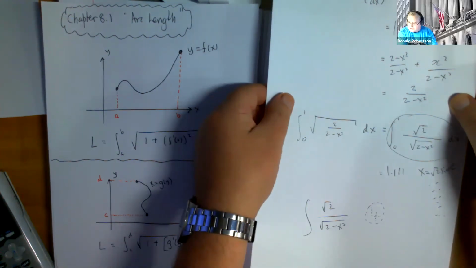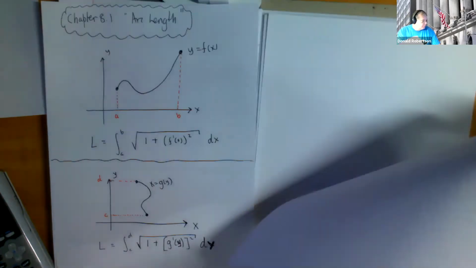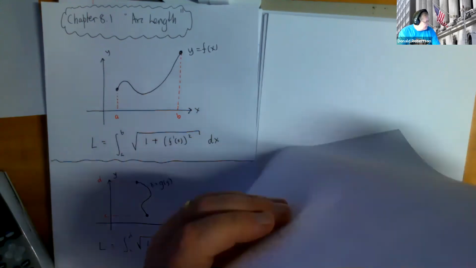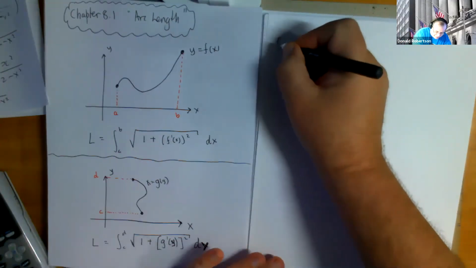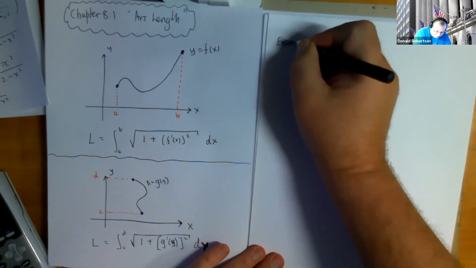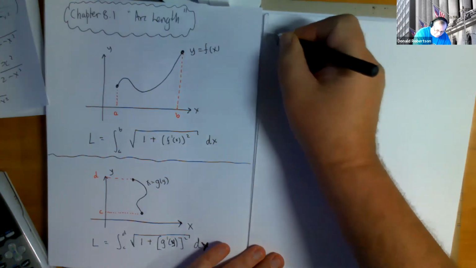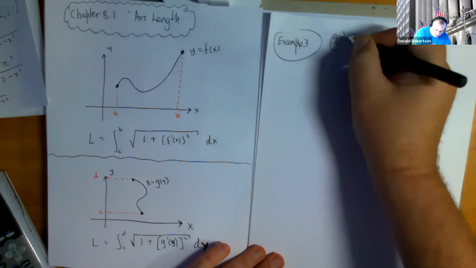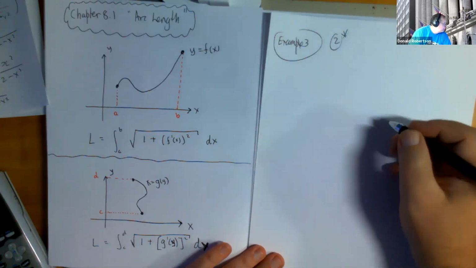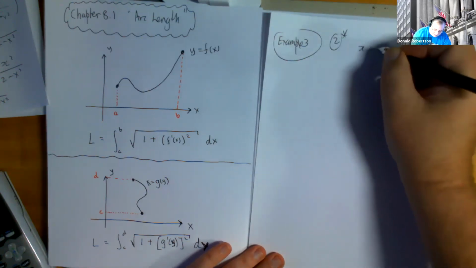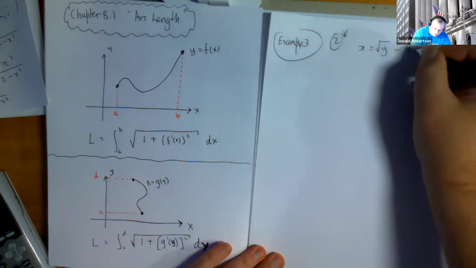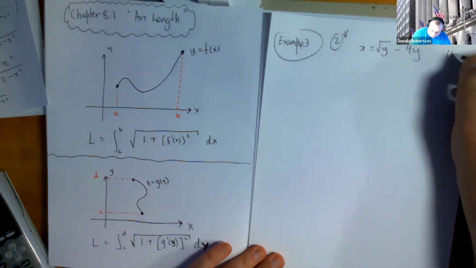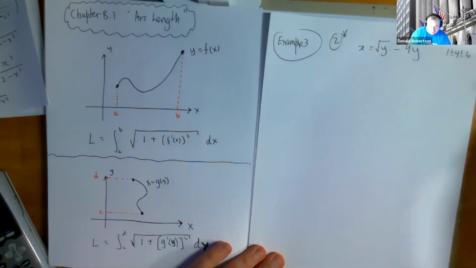Are we good? Right, what have we got time? We've got time to start my third example, which is actually like number 2 from the homework. x is equal to the square root of y, take away 9y, and y is going to go from 1 to 4, which is fine.